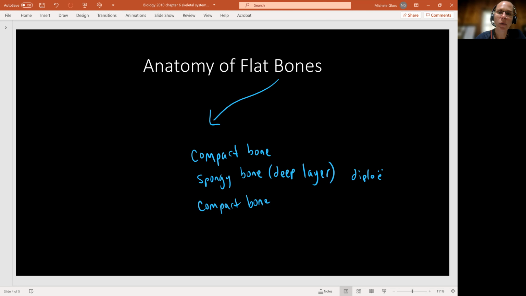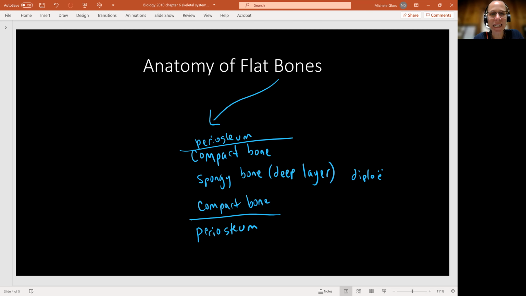As we think about the compact bone, spongy bone, compact bone sandwich, we should place our periosteum on the very outside. So let's go ahead and keep this sandwich analogy, and maybe that is the, I hate to say it, the plastic wrap around the sandwich or the Ziploc bag around the sandwich or the reusable container, which I like to say around the sandwich.